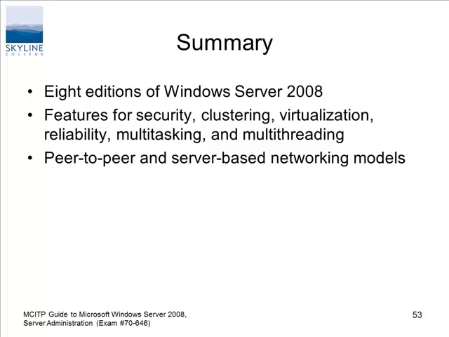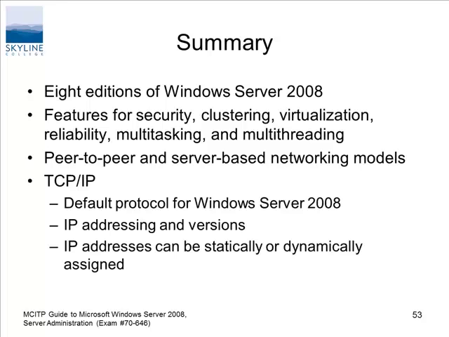If we did server-based networking and we had two servers not in Active Directory, we'd have to make a list of users, a set of users on each of the servers, just like we would have to on the workstations. So, peer-to-peer is computer-to-computer, and server-based can still be in a workgroup environment. Domain-based is a single database that manages multiple resources.